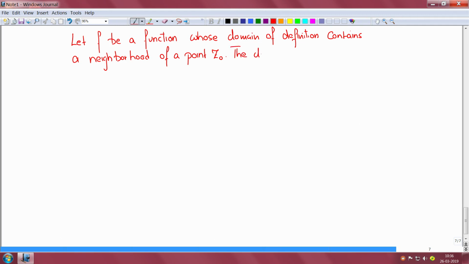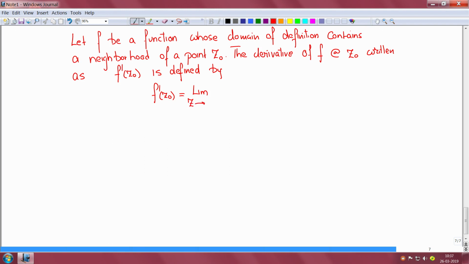The derivative of f at z0, written as f dash of z0, is defined by f dash of z0 is equal to limit z tending to z0 of f of z minus f of z0 by z minus z0.